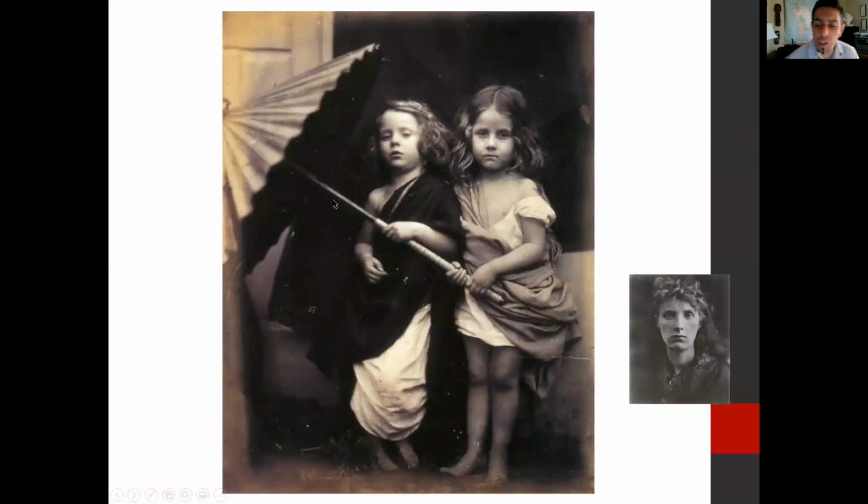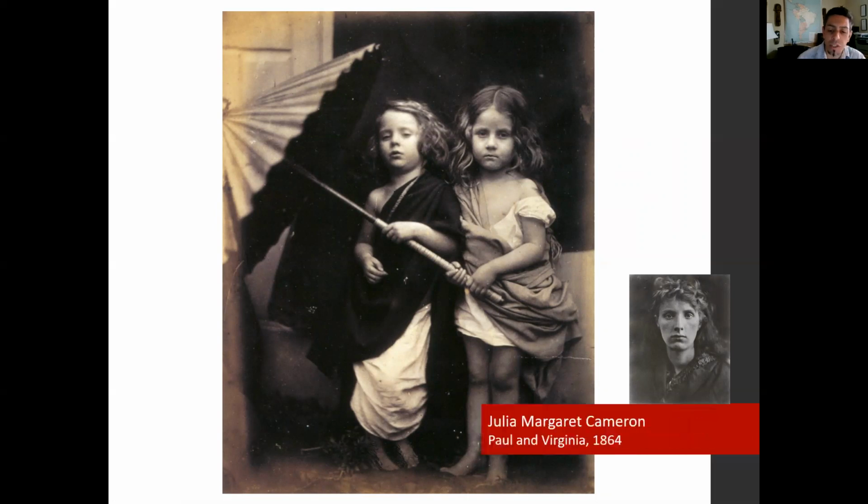Here's a beautiful image. Later on, when we're talking about art history, it's going to make way more sense why these two kids are dressed like they are in a Greek party with little togas, and also the use of the umbrella. Nevertheless, this is Cameron, and she's a photographer. One of the things that's interesting here is that she is using photography beyond just record keeping.